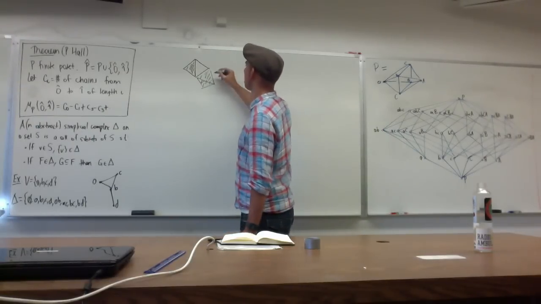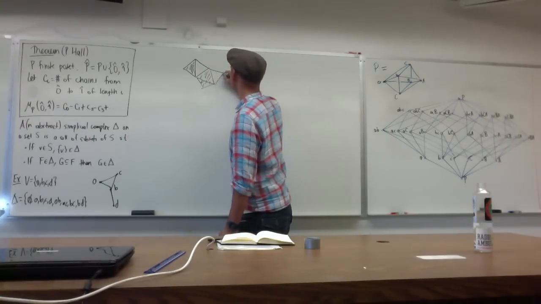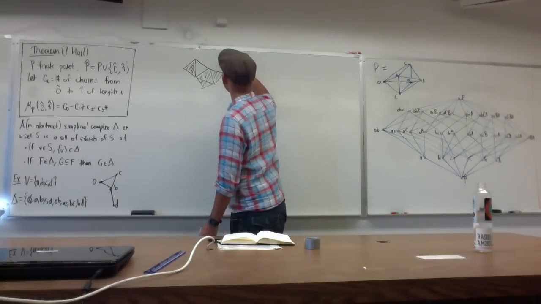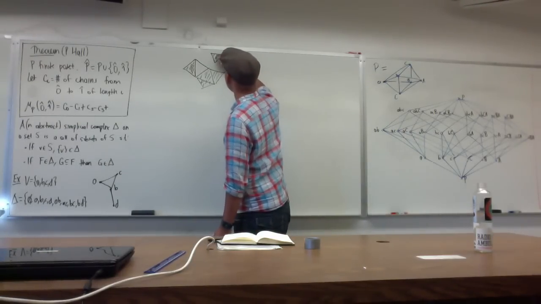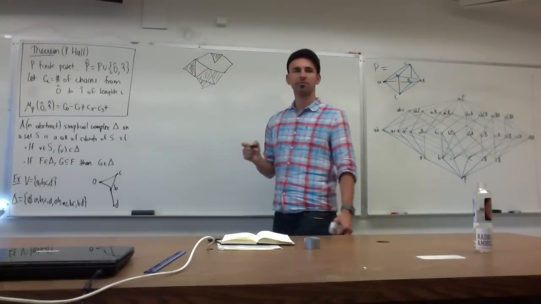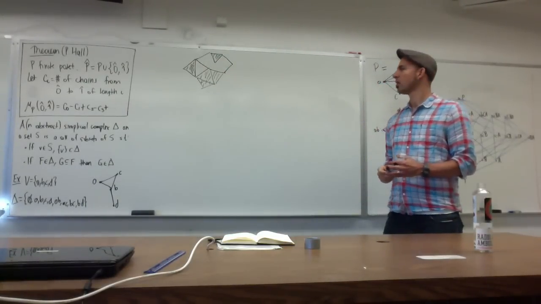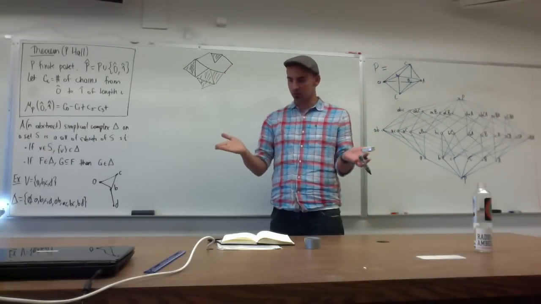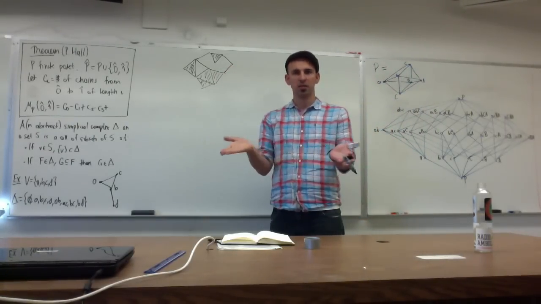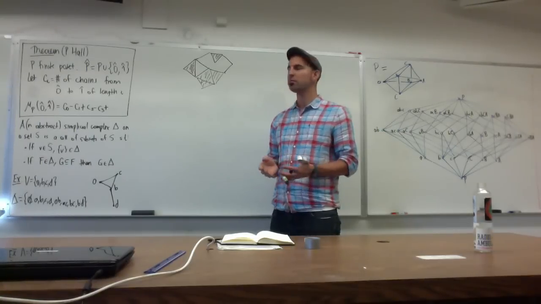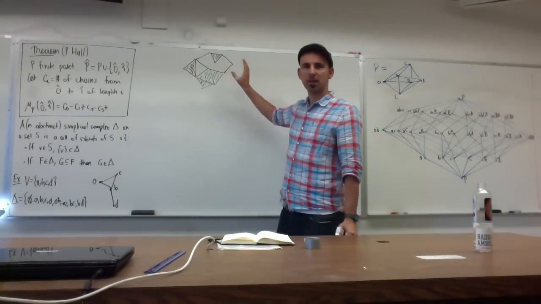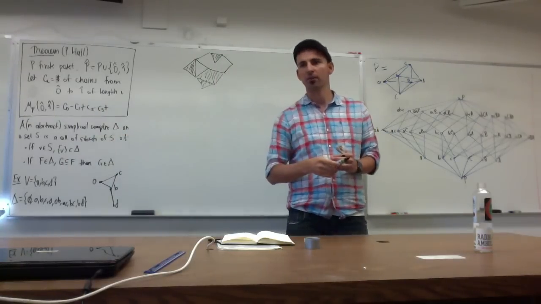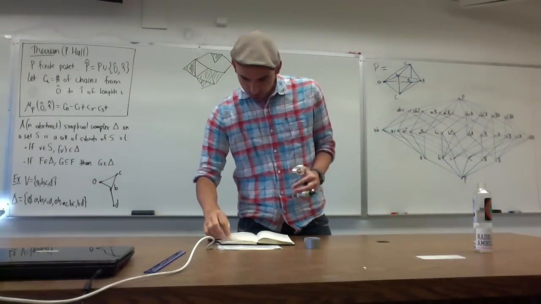Then maybe you glue another triangle here, you glue a segment here, and so on. You just have a collection of simplices with the property that whenever two simplices meet, they meet on a common face. It's easy to see that this geometric picture is equivalent to this combinatorial picture, and it's useful to go back and forth.